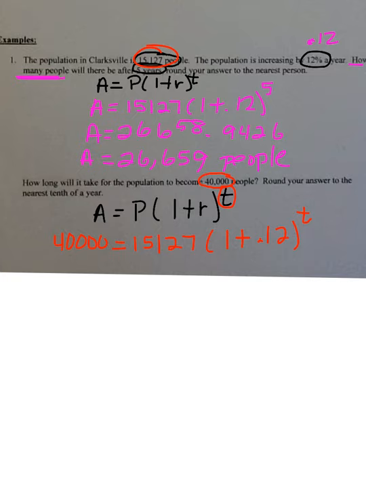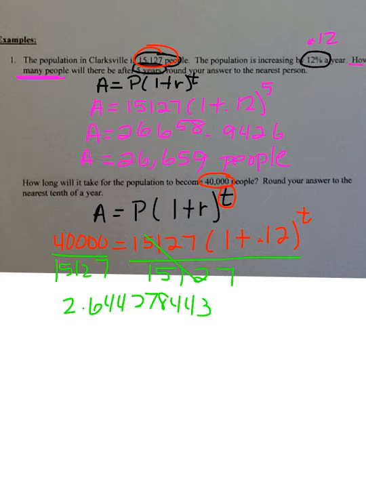So we will divide both sides by 15,127. And you get 2.644278443 equals, and I'll make that 1.12 to the T power.